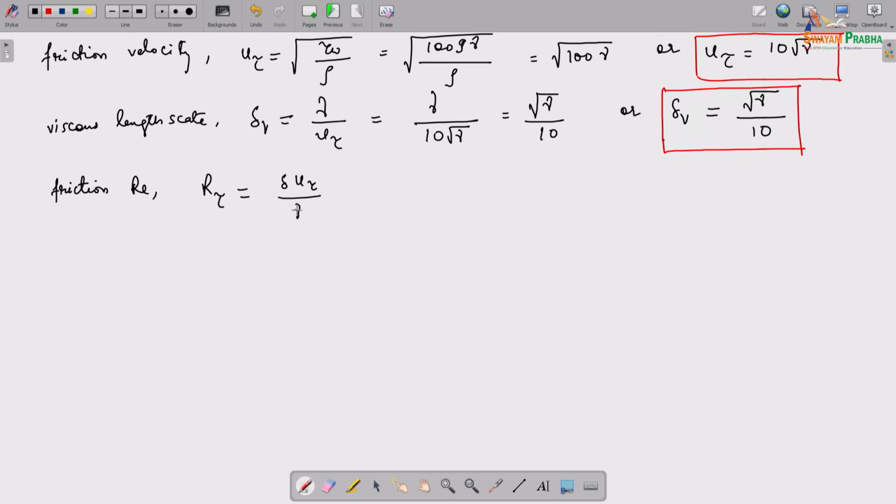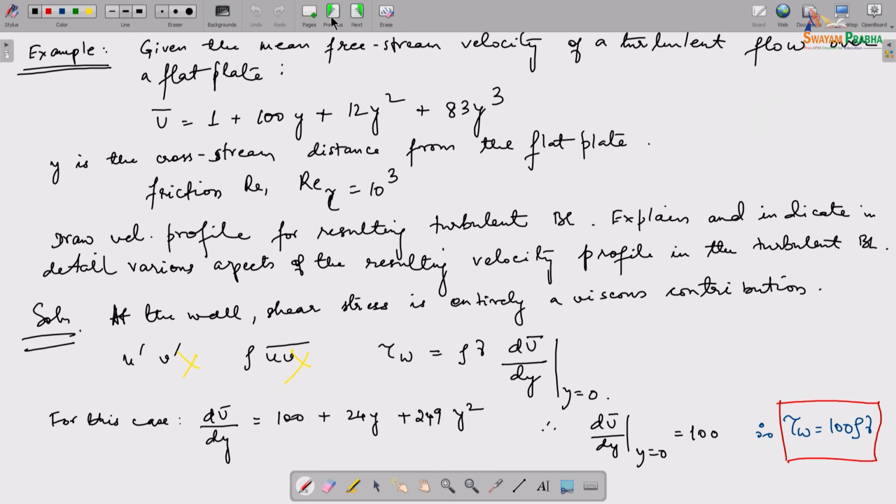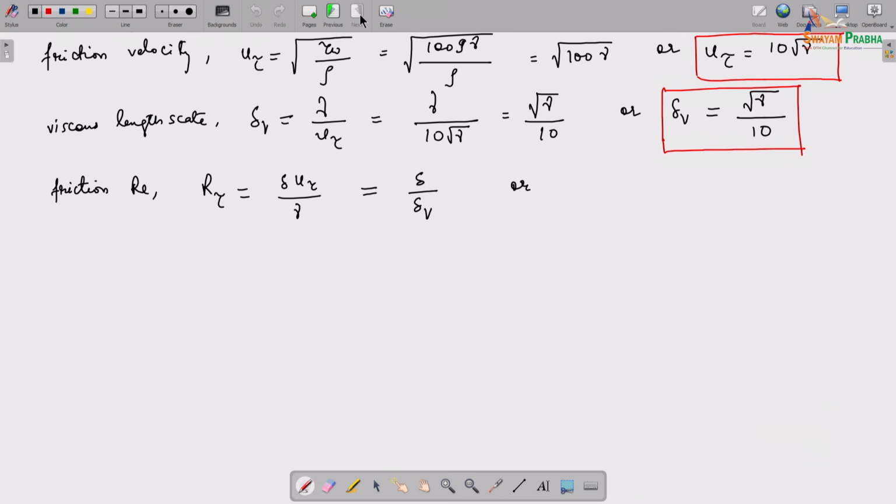So that's where this is also equal to delta by delta V, if you see. Right here we've calculated delta V. So Re tau is that, and Re tau is given to us as 10 to the power 3, it's 1000.